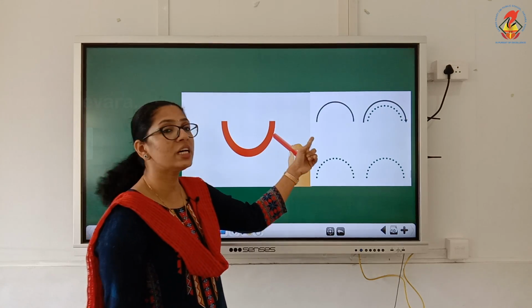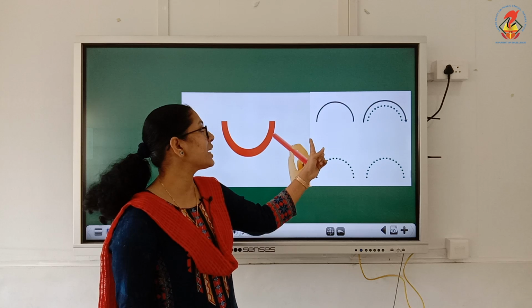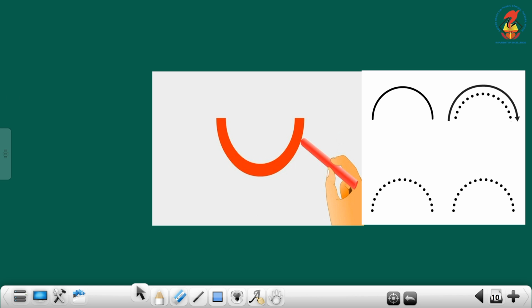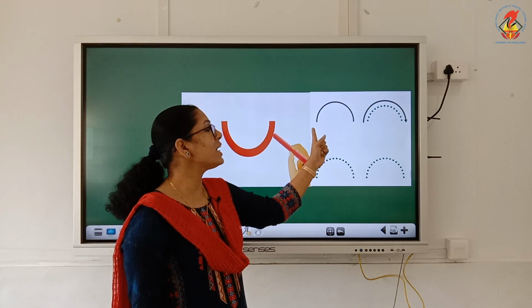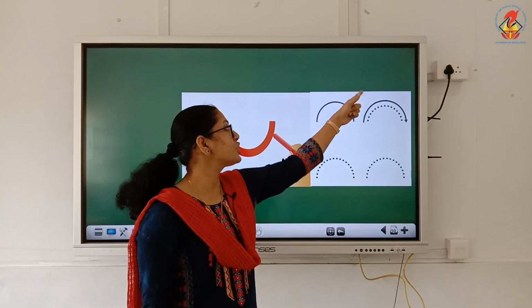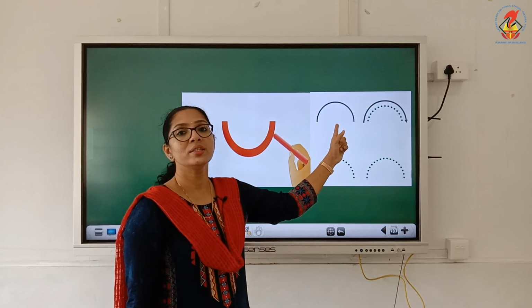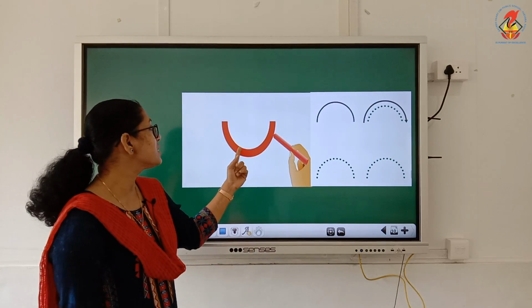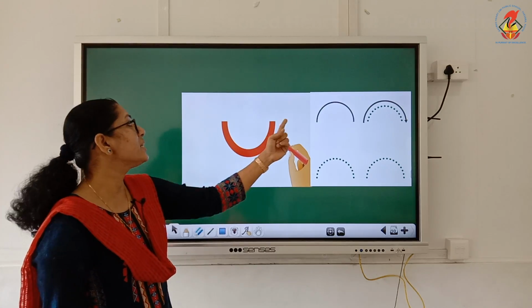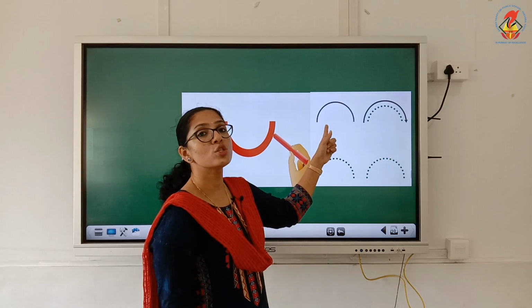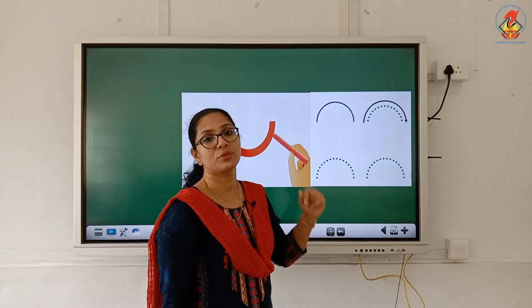And a curve that turns in the downward direction, it is called downward curve. So this is facing up. So this is upward curve and this is facing down. So this is downward curve.